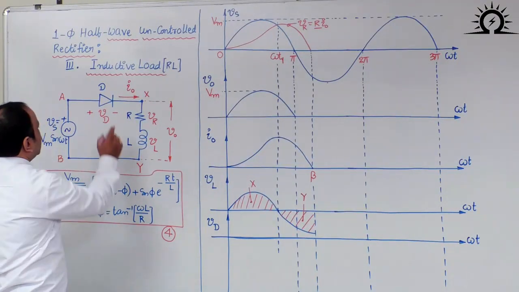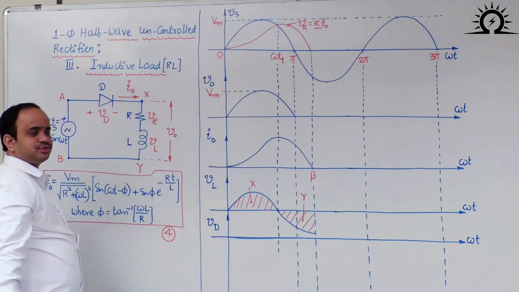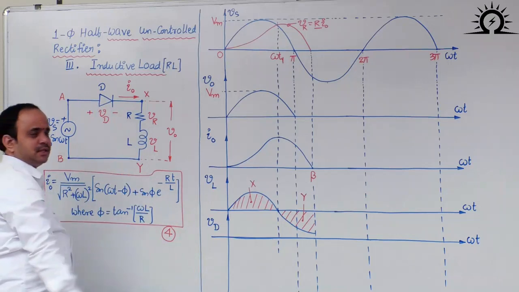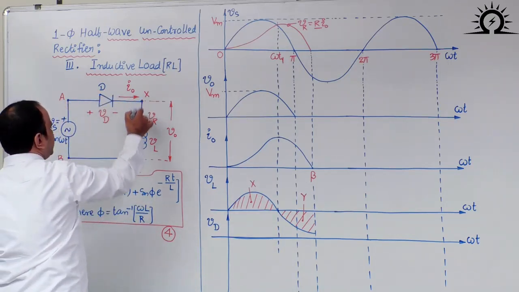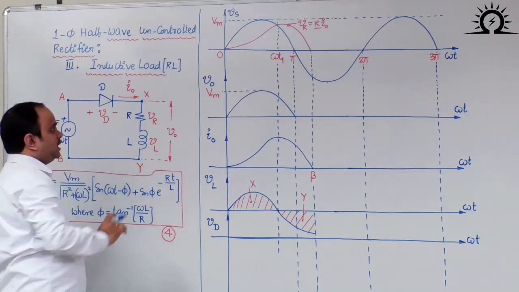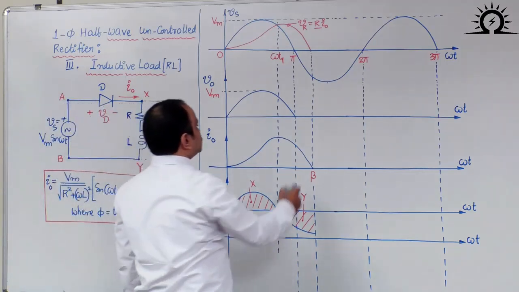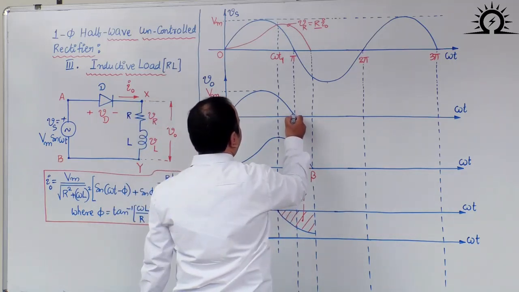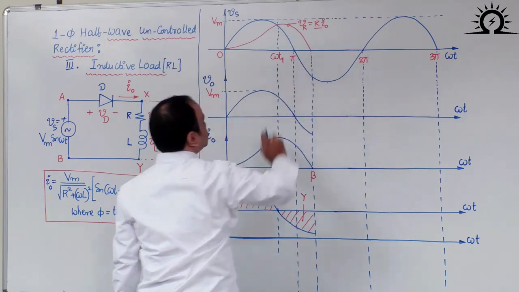As the load current is flowing, until it reaches 0, the diode is carrying it. Therefore, until the diode is in conduction, what is the voltage across the xy terminals? That is the same as the source voltage AB. So up to beta, the output voltage will be the same as the source voltage.